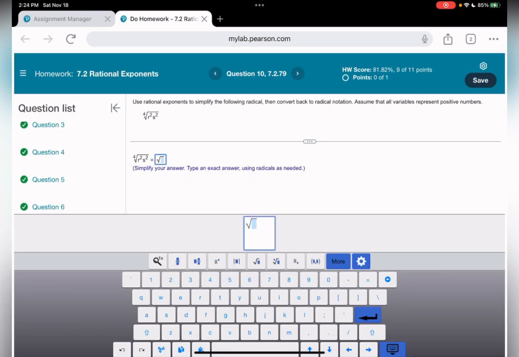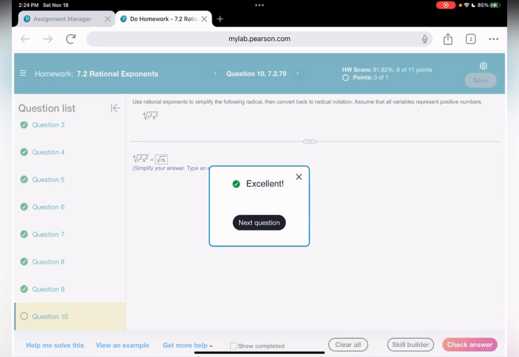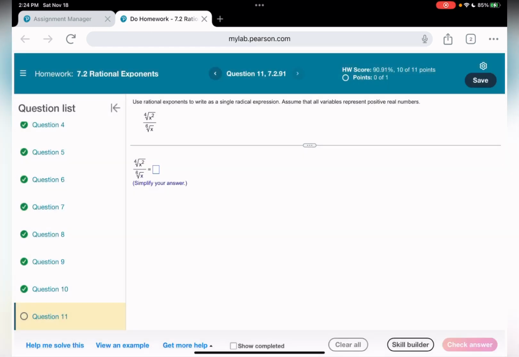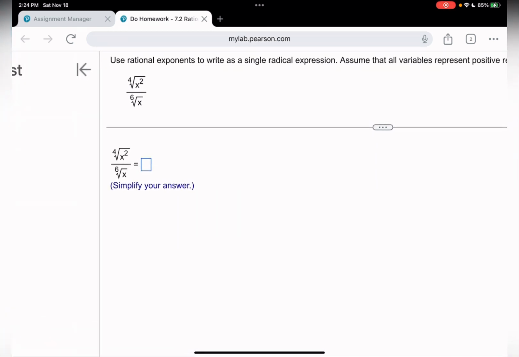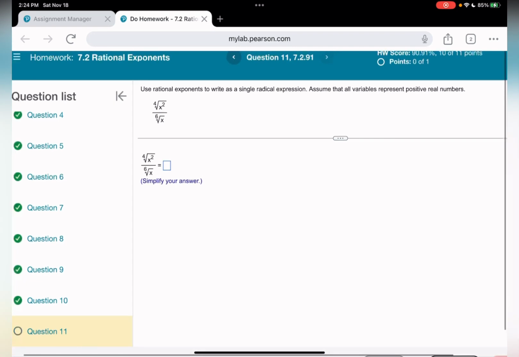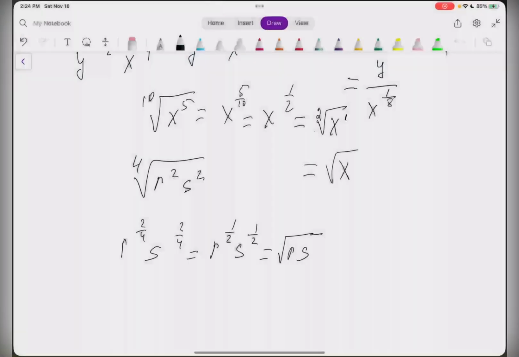Where is the square root here? R and S. Okay, and the last question. Let me see. Radical 4 of x squared and radical 6 of x, okay?